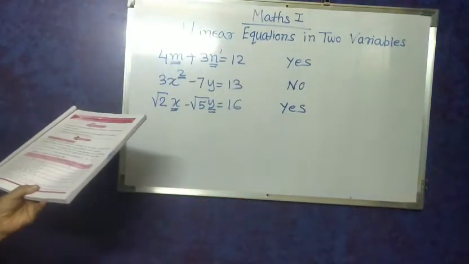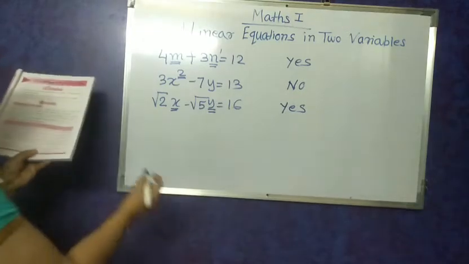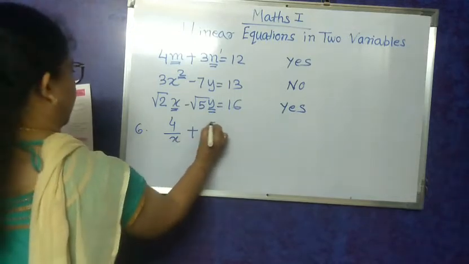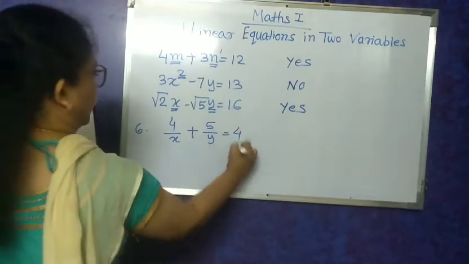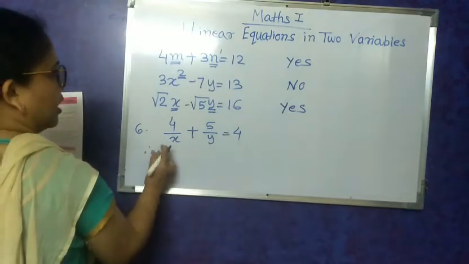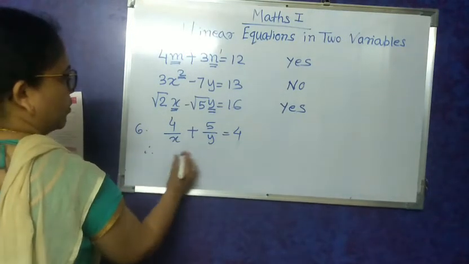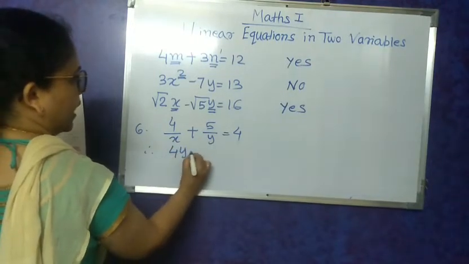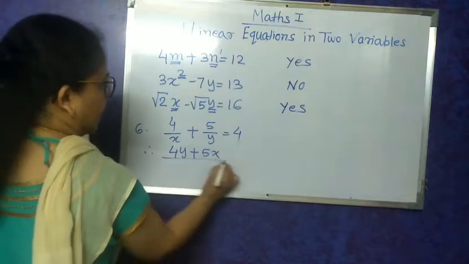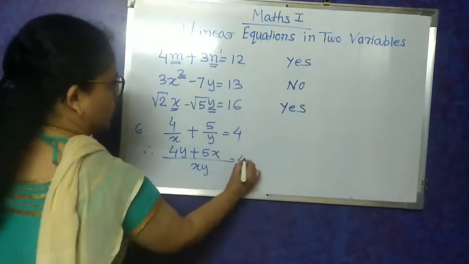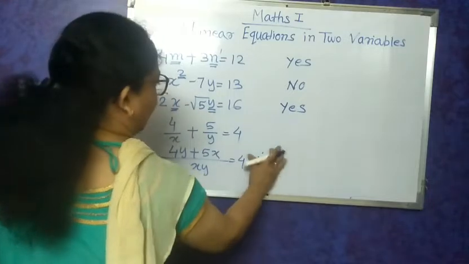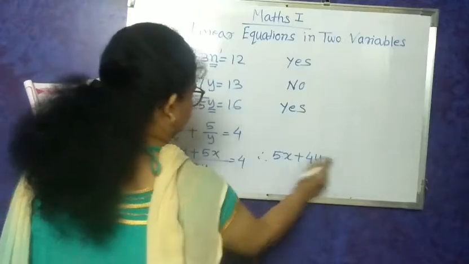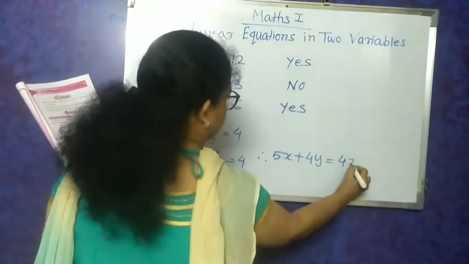Now in the same way you have to complete the remaining sums. I will show the fourth one. What is given? 4 upon x plus 5 upon y is equal to 4. Now cross multiply it, you can do this roughly. So what you will get, I'll show it here for your understanding: 4y plus 5x upon xy is equal to 4. Therefore, now I am writing 5x first alphabetically, 4y is equal to xy goes on this side.